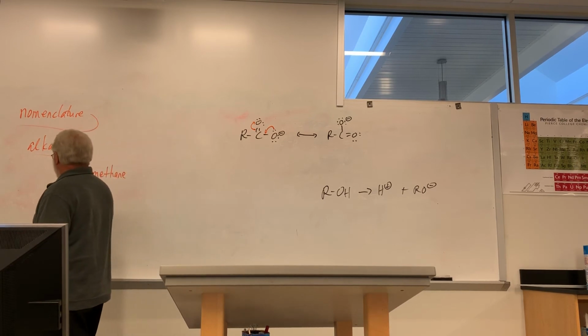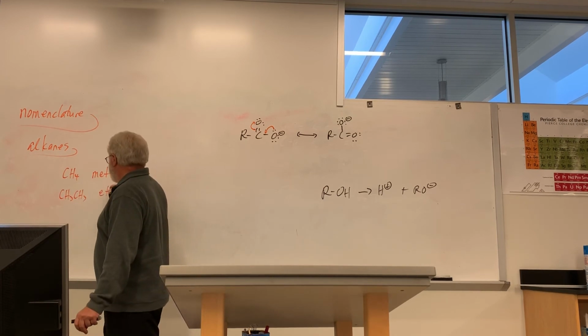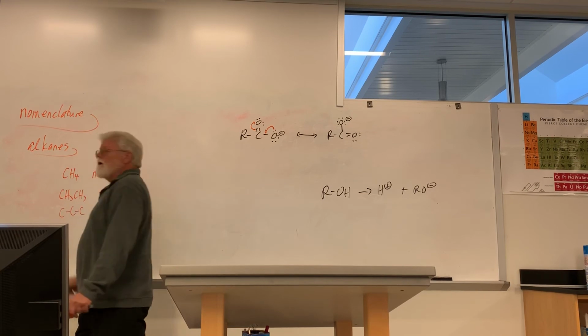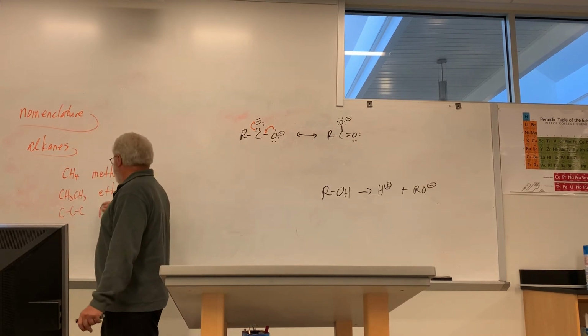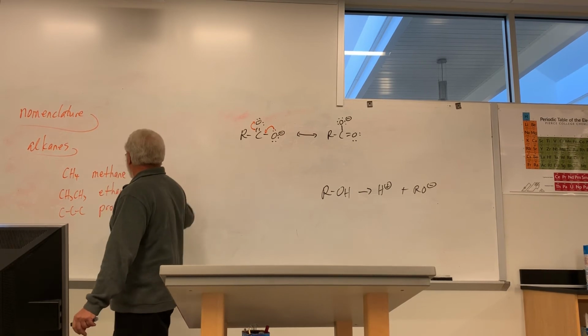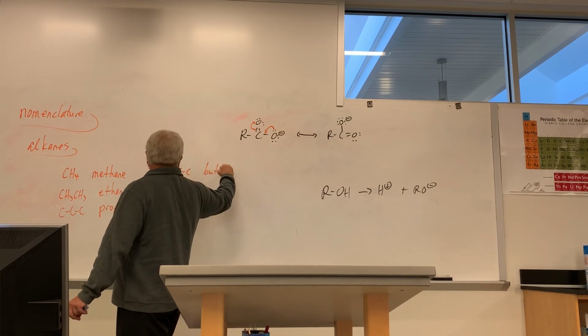The 2-carbon alkane is ethane. The 3-carbon guy is propane. The 4-carbon guy is butane.